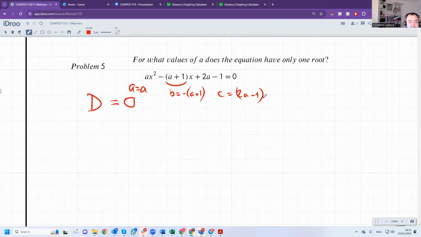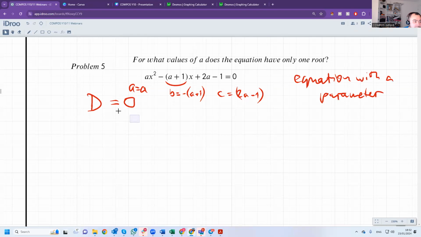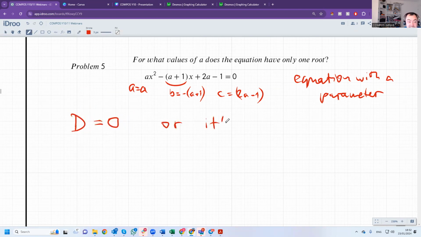The coefficients contain a. And this is called an equation with a parameter, and the parameter is a. And we know that it has only one root when the discriminant is 0, or it's not a quadratic.